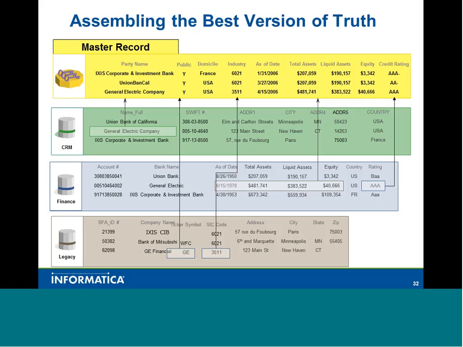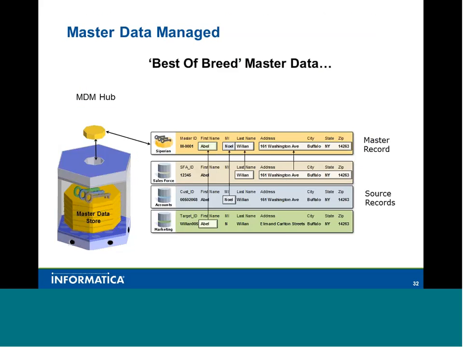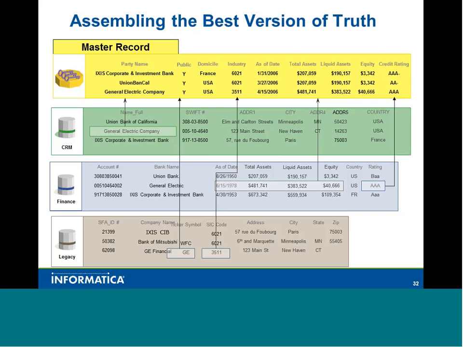In this particular example, the top record in yellow is the master record, which has been assembled through all the different cells based on CRM, finance, legacy, et cetera, core systems.